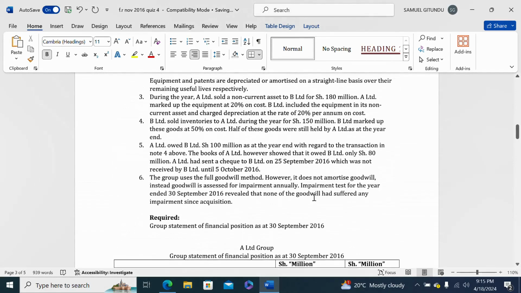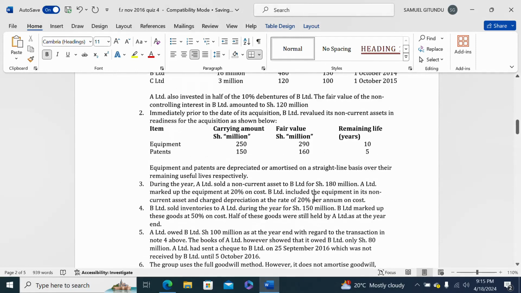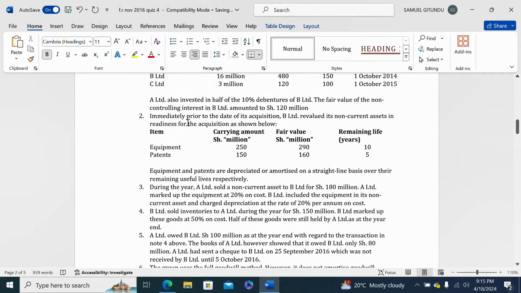Then we have been told that immediately prior to the date of its acquisition, B Limited revalued its non-current asset in readiness for the acquisition as shown below.